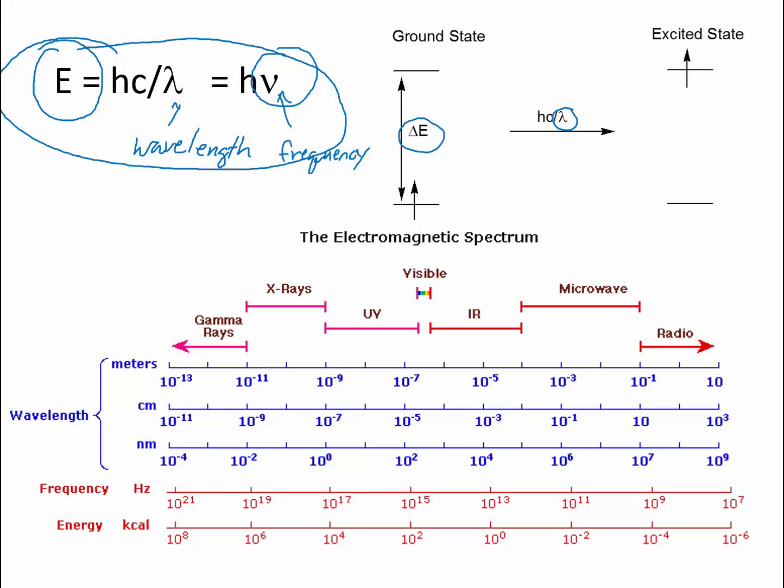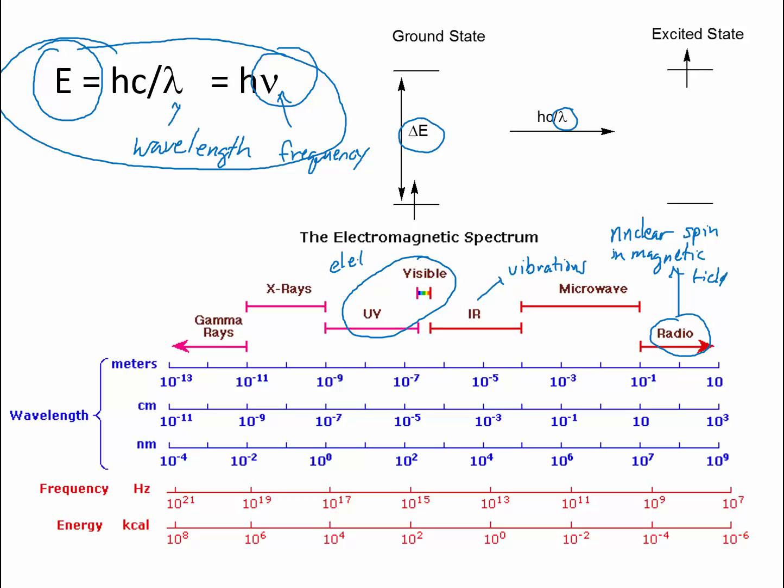All right, so what we're going to look at is what specific types of radiation do. For instance, radio frequency affects nuclear spin in a magnetic field. Infrared affects vibrations, and ultraviolet visible affects the electron configuration.